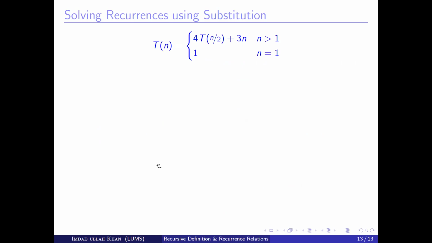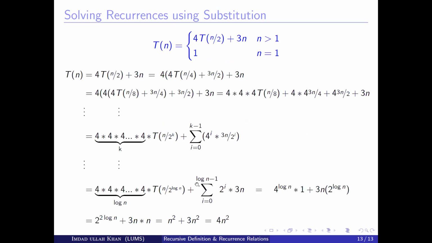The last example is somewhat on a similar track. We start with 4T(n/2) plus 3n, and now there are two parts. One is the summation part, and the critical point is common, which means the number of vertical steps which take us down to 1 is log n.